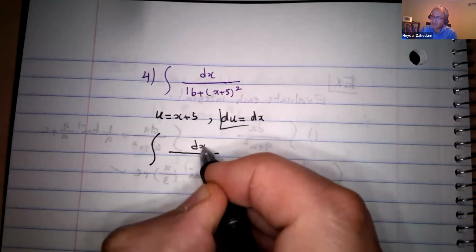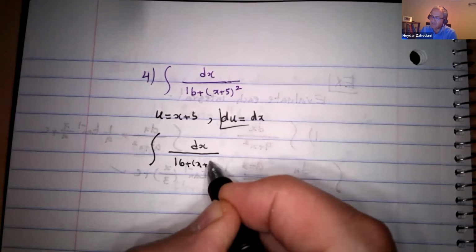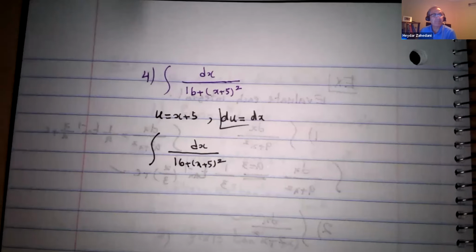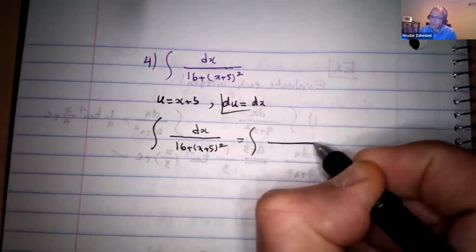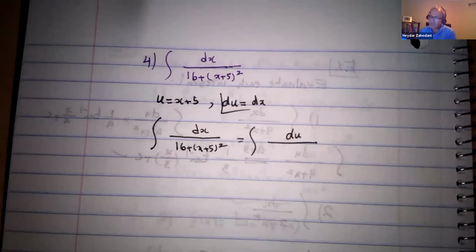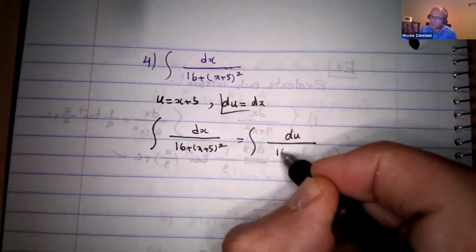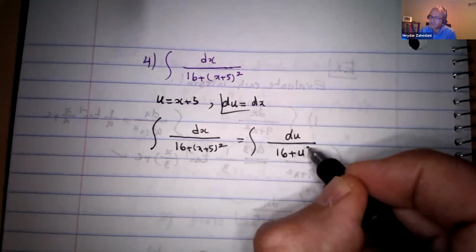So we have the dx, and this is going to be 16 plus x plus 5 all squared. So it's going to be equal to, the dx and the du are the same, so it's going to be du over 16 plus u squared, you see.